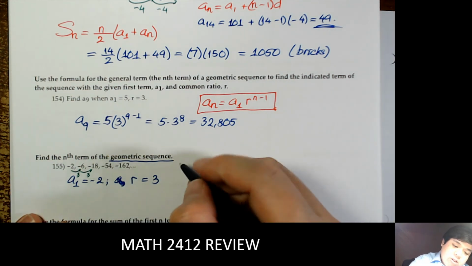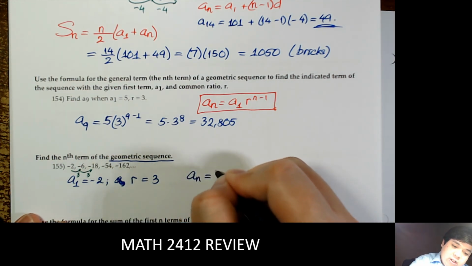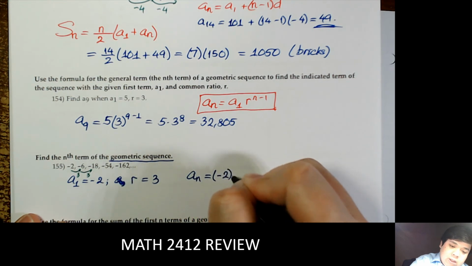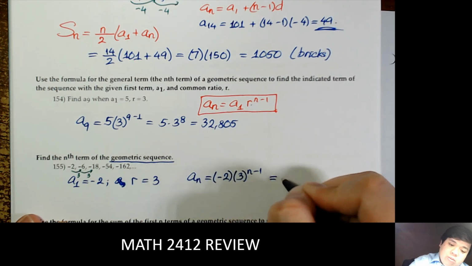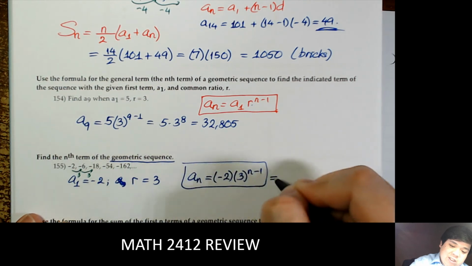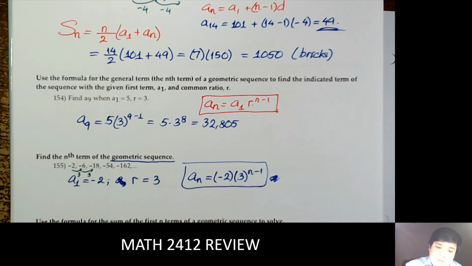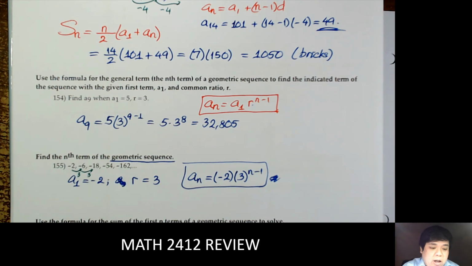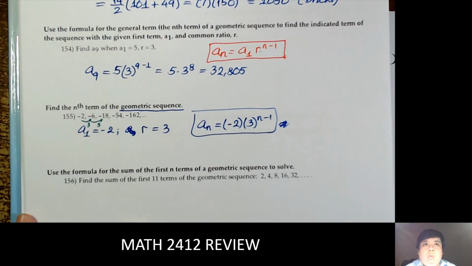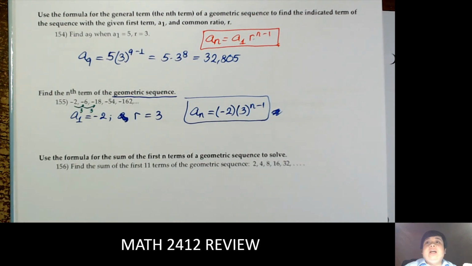So we put in the formula: an equals a1 times r to the n minus 1. So yeah, pretty much that. So for a geometric sequence, we need to know the first term, where we start, and the common ratio, how to go from this term to the next.